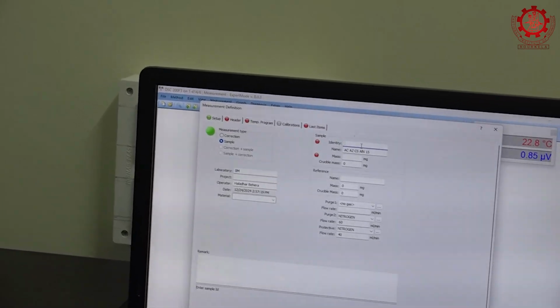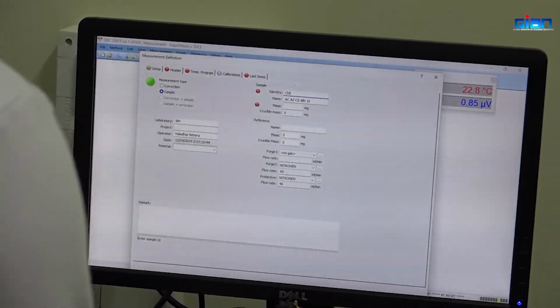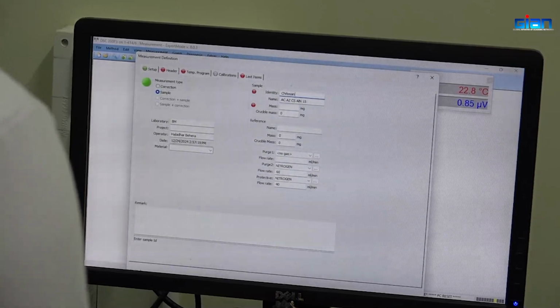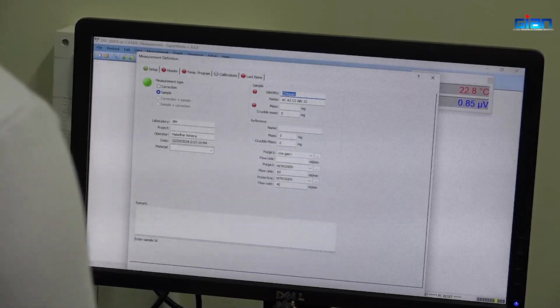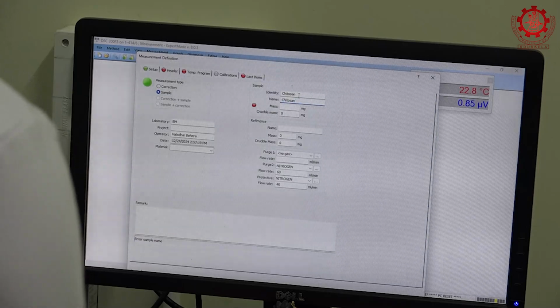You will give all the data. Sample name will be what? Sample name, hydrogen, CHI TO SAM, and your sample mass is 3 mg.